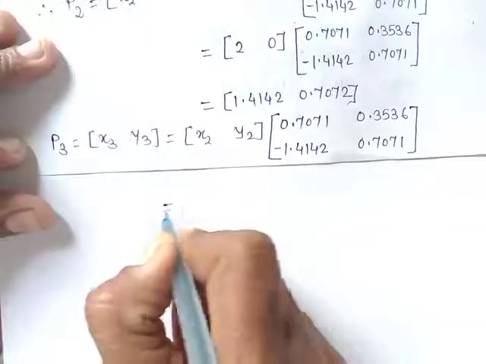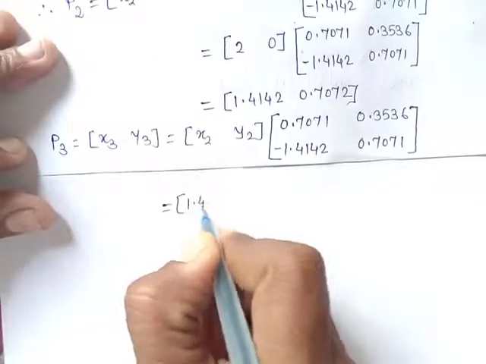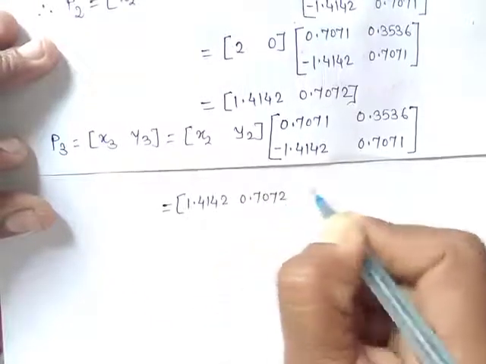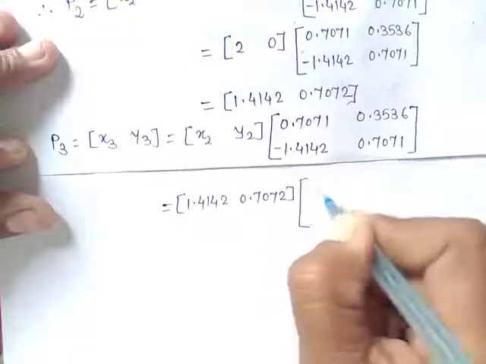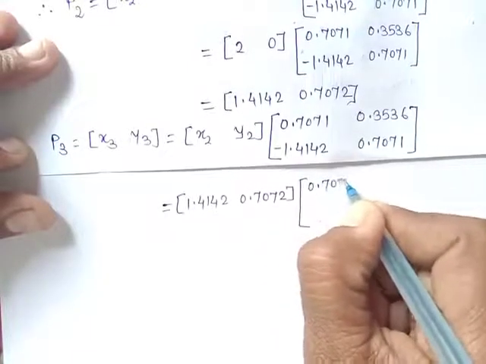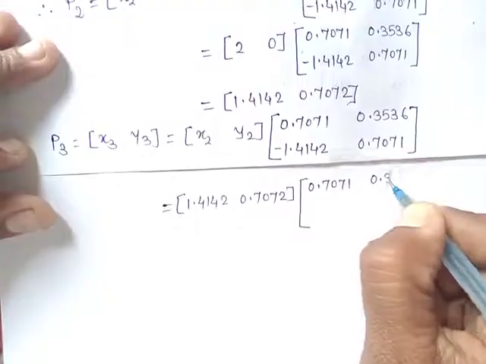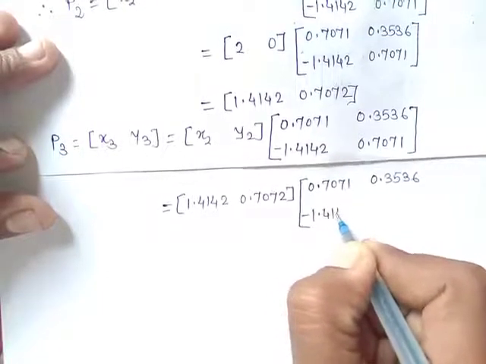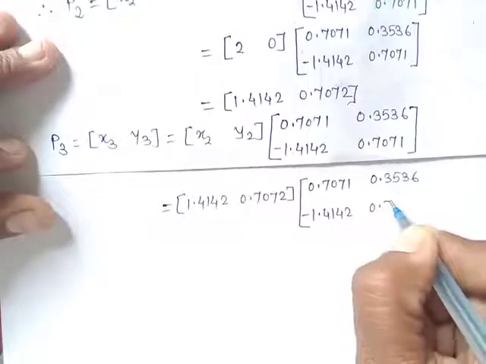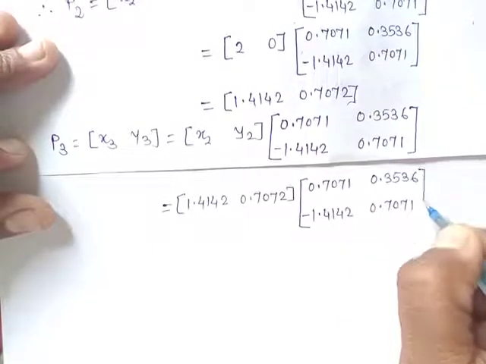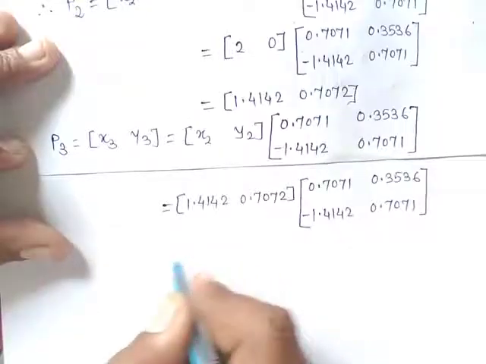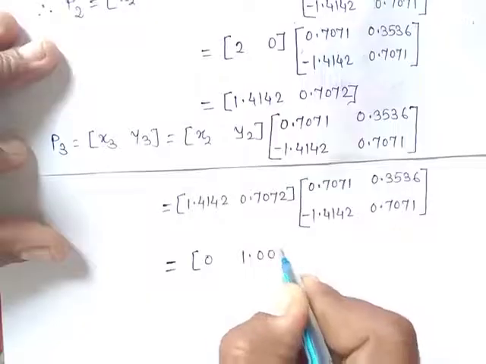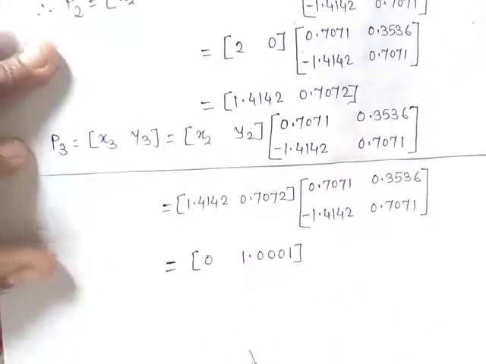Therefore, it is 1.4142, 0.7072 into the matrix 0.7071, 0.3536, minus 1.4142, 0.7071. So we get 1.0001. This is our P3.